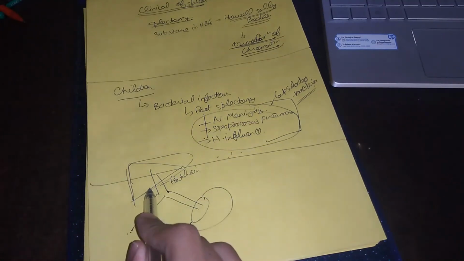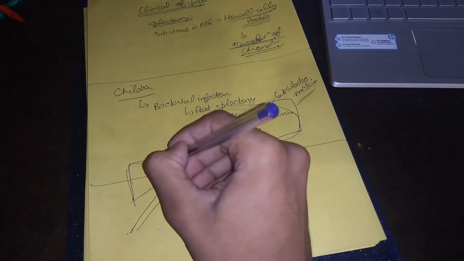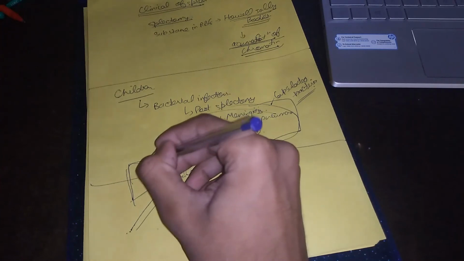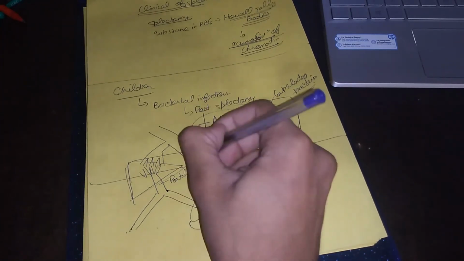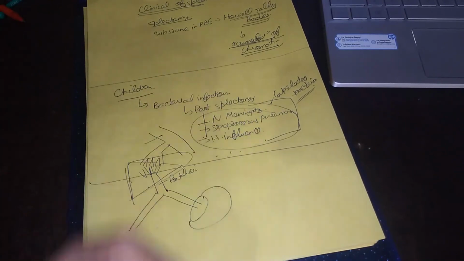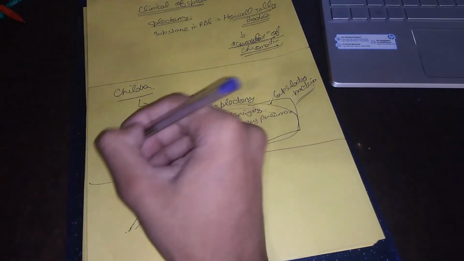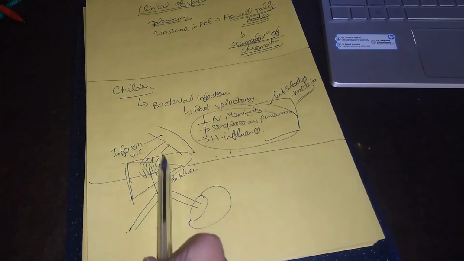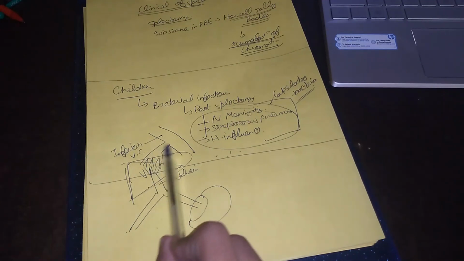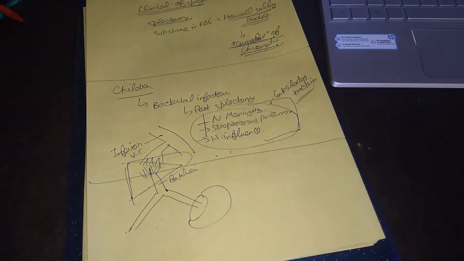It has the sinusoids, and after these sinusoids, these open into the inferior vena cava.